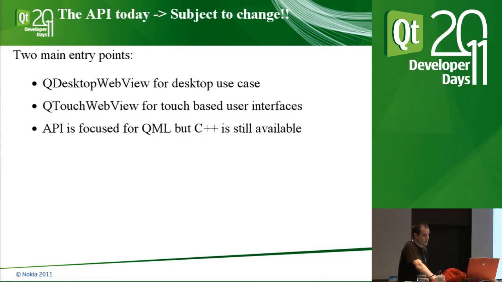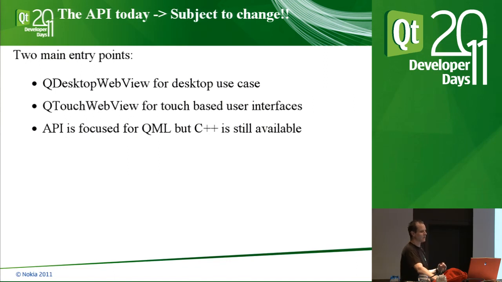The API is focused on QML. So we want to have QML elements. You will do import Qt WebKit, and then you get a QML element up and ready for using in your app. But don't worry, the C++ API is still here. I mean, the QML element is using the C++ API. We just have a plugin for it.